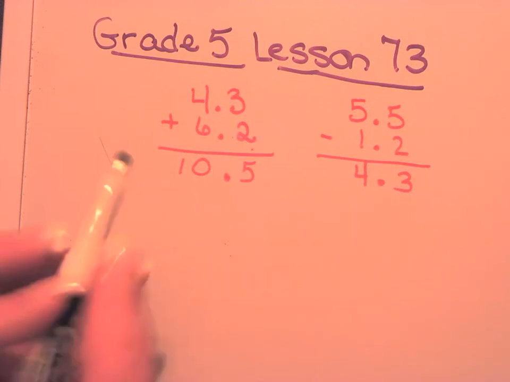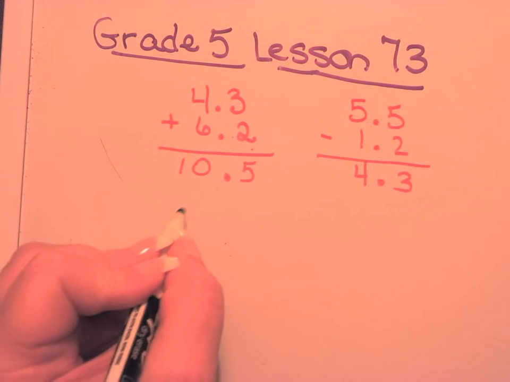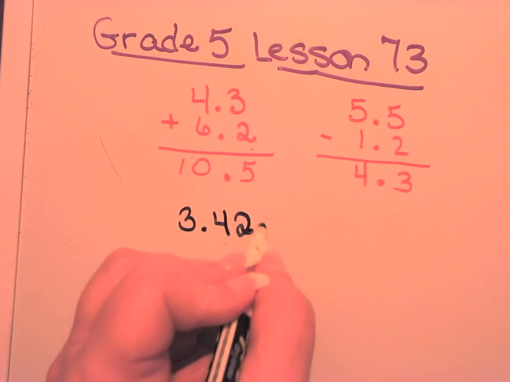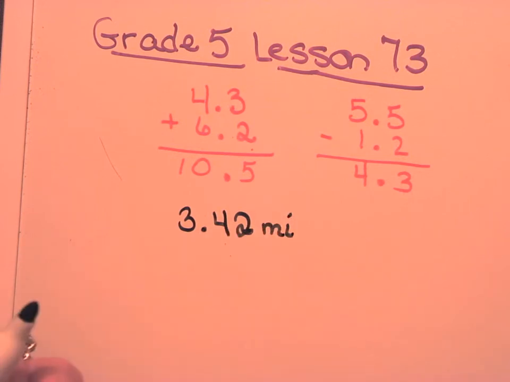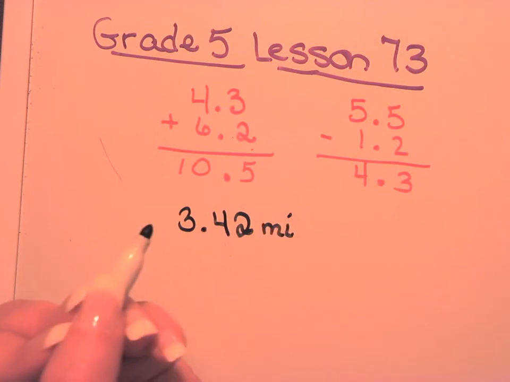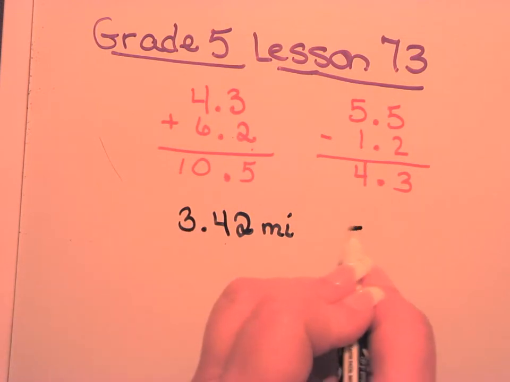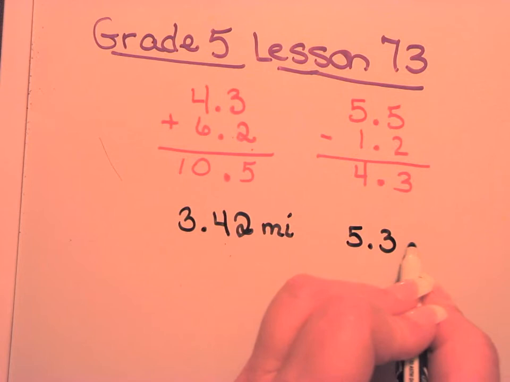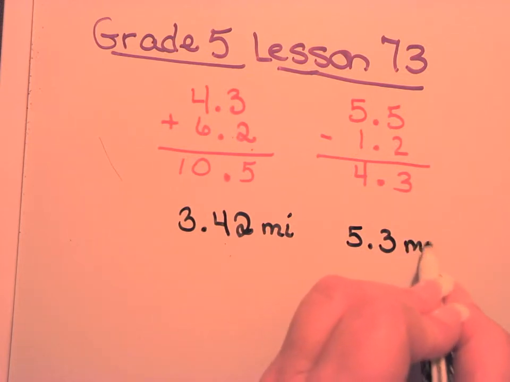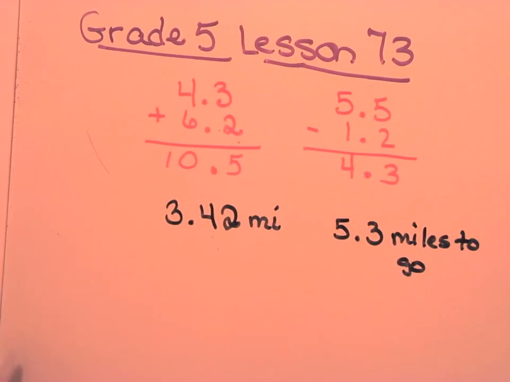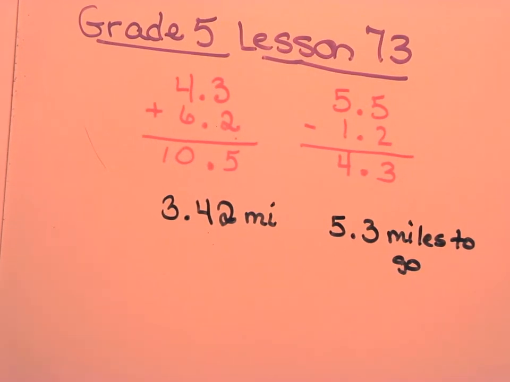So let's say we're hiking a trail and we've hiked 3 and 42 hundredths of a mile, and we are going to go to the top of the mountain on the hike, and that is still another 5 and 3/10 miles to go. Okay, so let's say we have that. How much total will he go on the hike? So we want to figure that out.